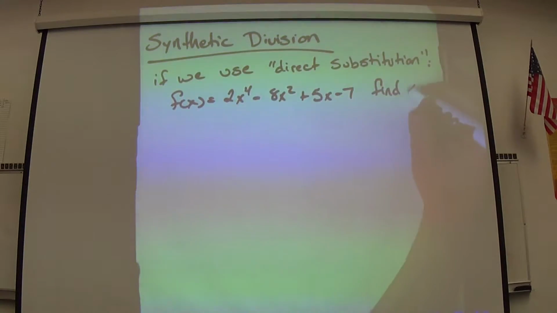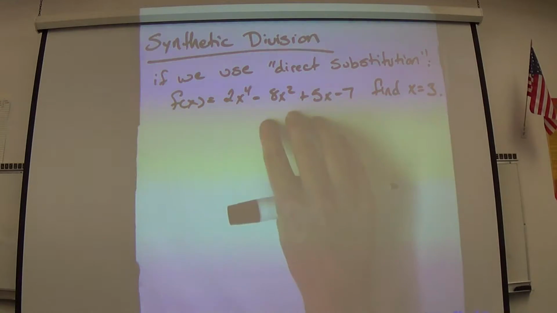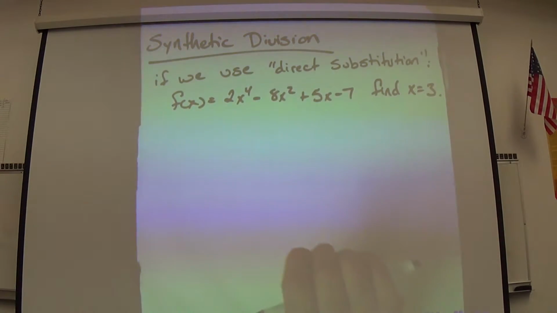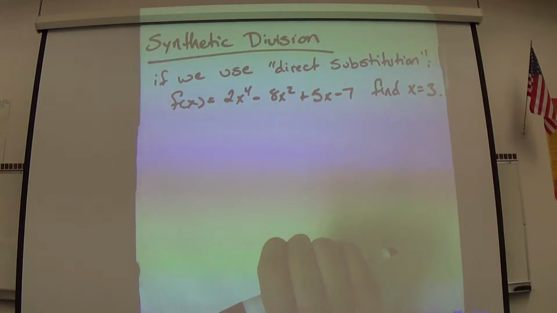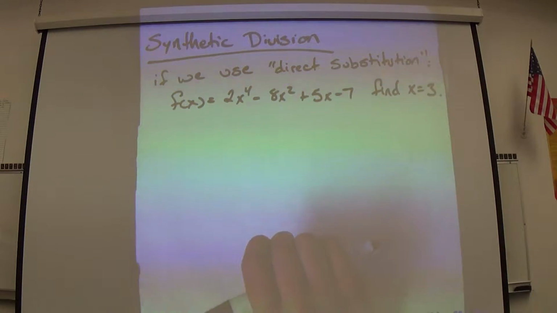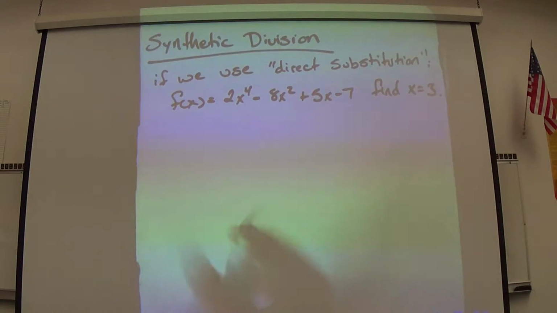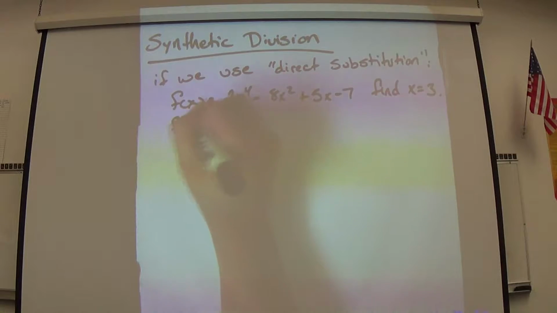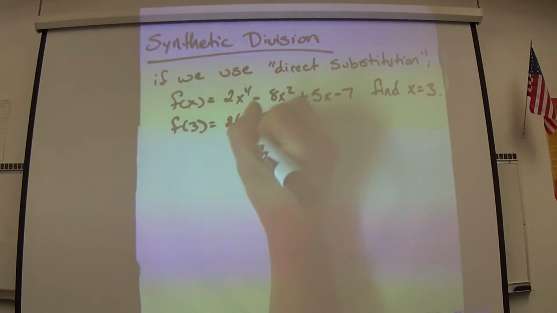And they want you to find f(3), when x is equal to 3. First of all, what's the degree of that polynomial? Fourth degree. Leading coefficient? 2. Constant? Good. If they told you this through direct substitution, what you did before is you just directly replaced the x value.